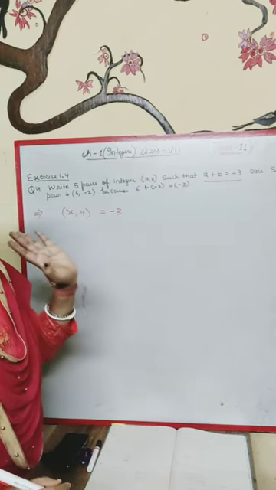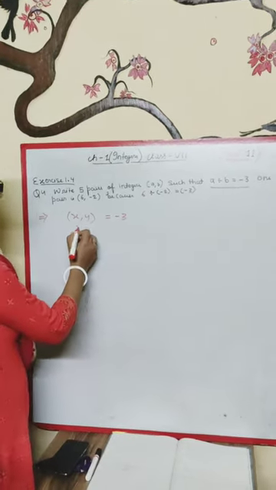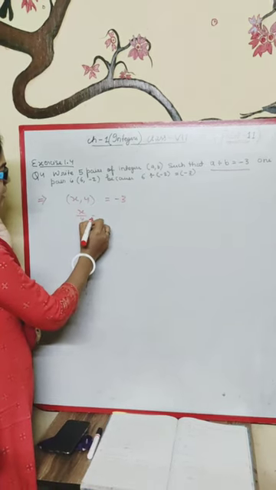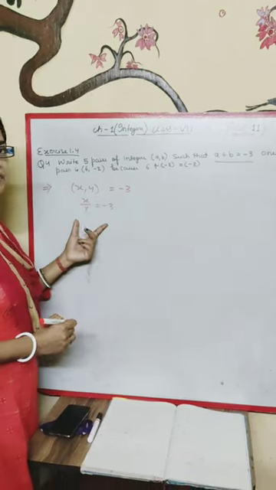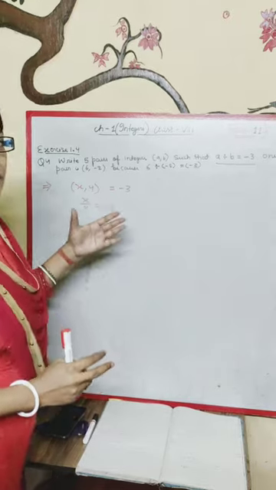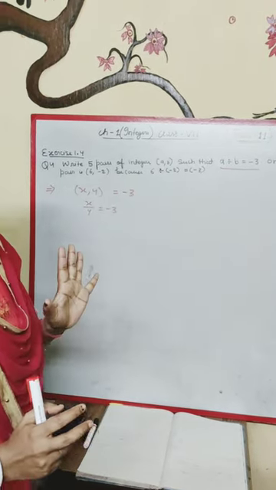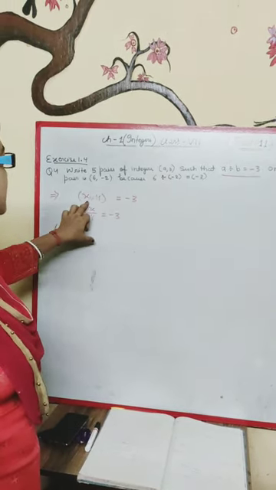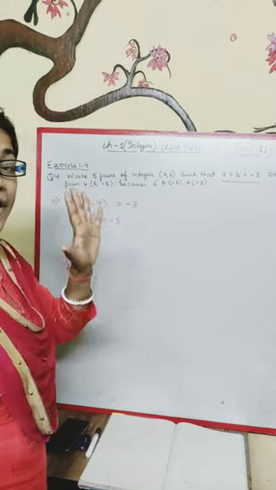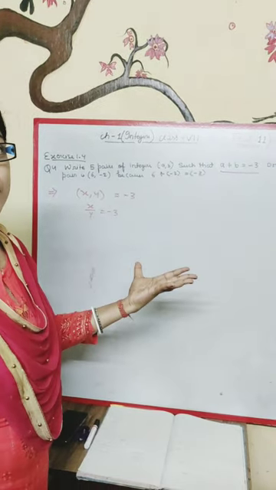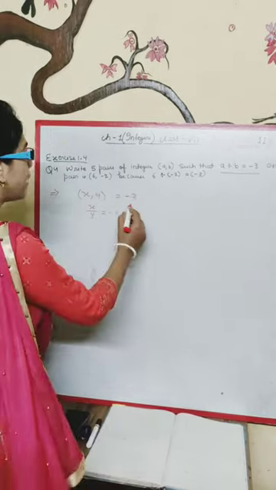This is the actual topic. So it means x by y should be minus 3. In this way we have to find. So we have to write 5 such pairs of numbers so that the answer will come minus 3.